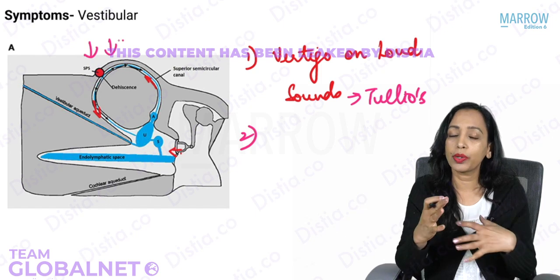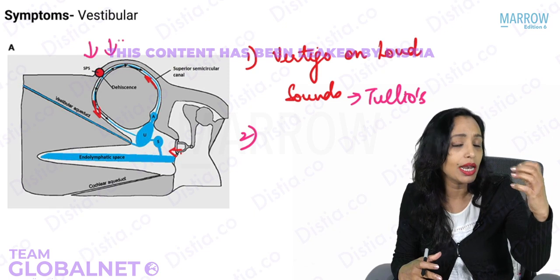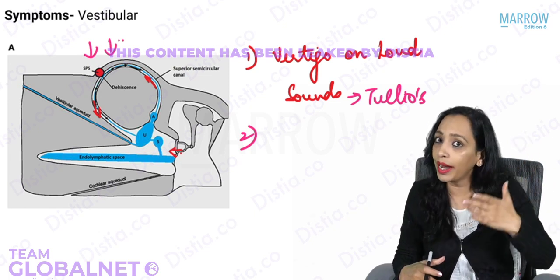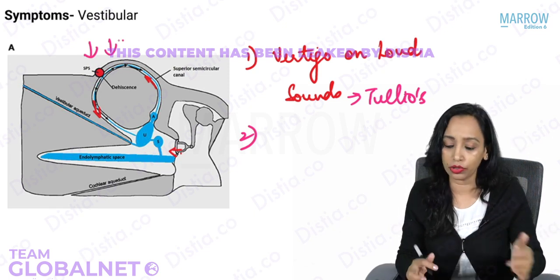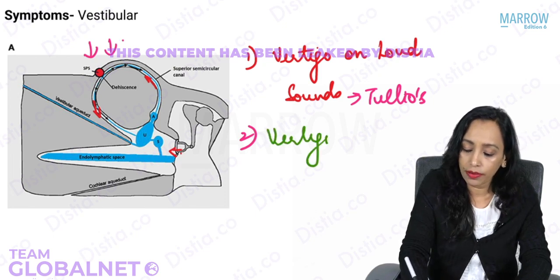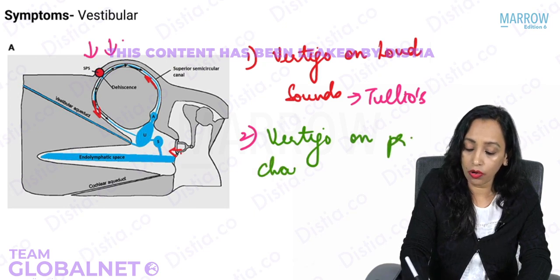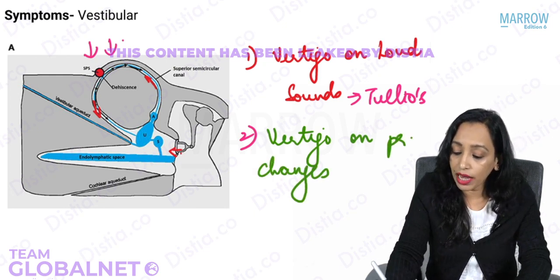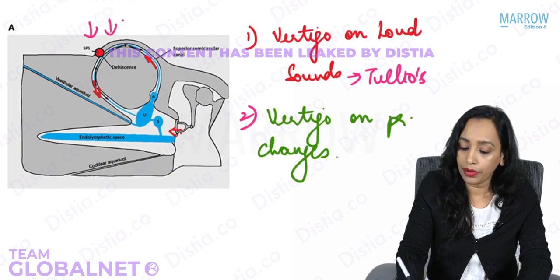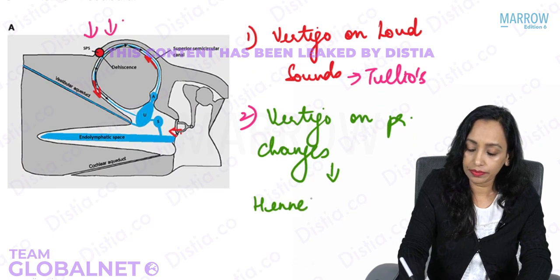These pressure changes will again lead to abnormal movement of the endolymph because of that abnormal communication, and that will stimulate the inner ear, leading to vertigo. So there will also be vertigo on pressure changes like coughing, sneezing, lifting heavy weights, Valsalva. And what is this known as? Yes, this is what is known as Hennebert sign.